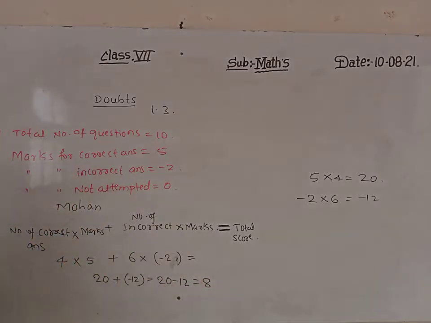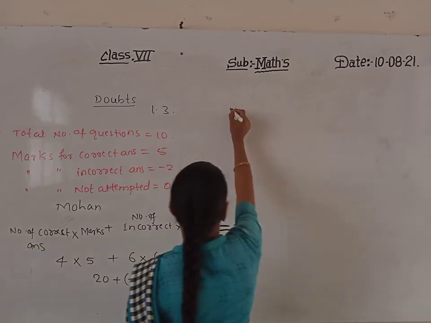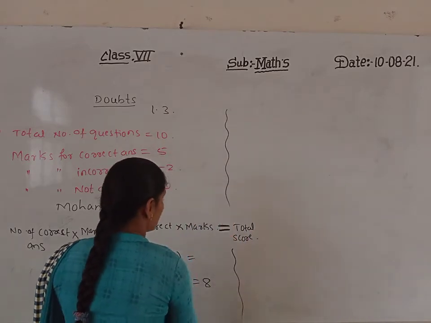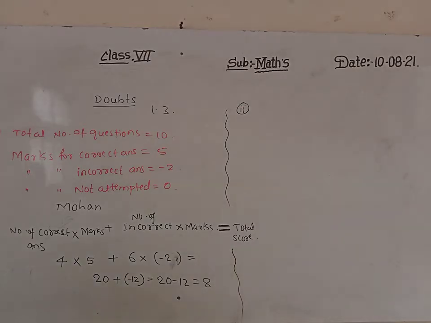Mohan's score is 8 marks. So in this way we have 3 sub-questions. First one over. Second question.